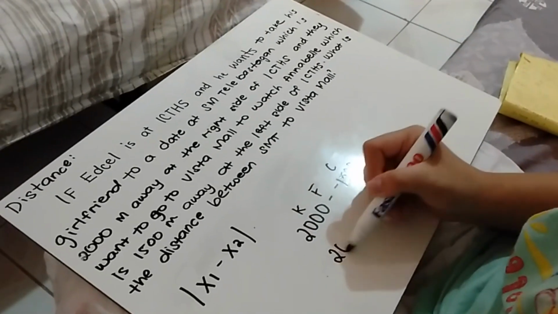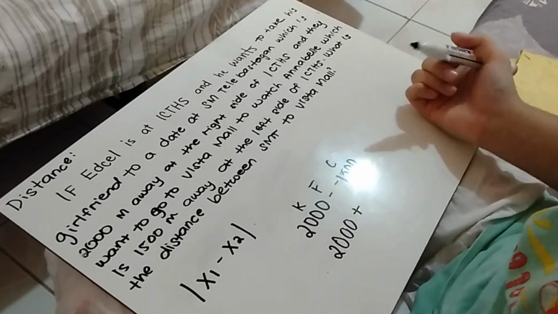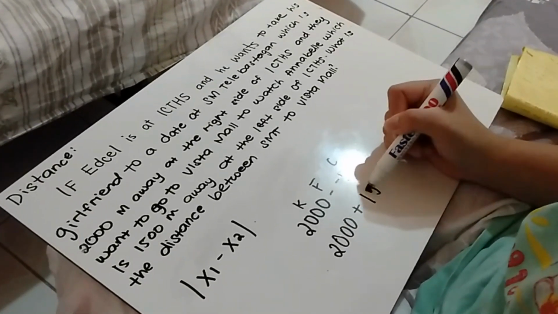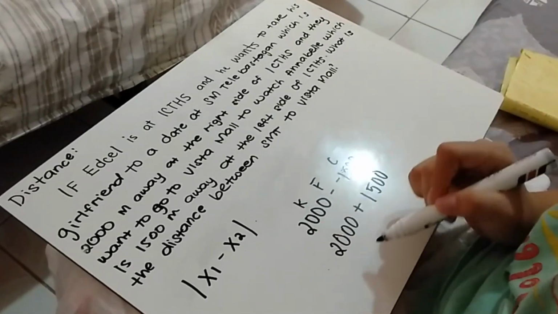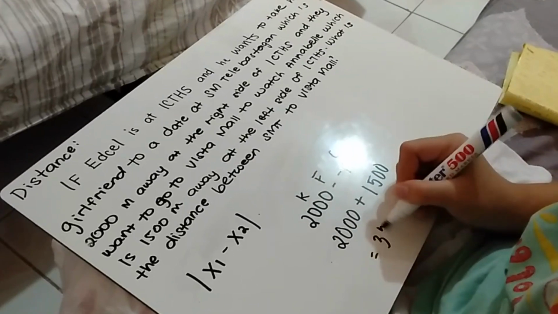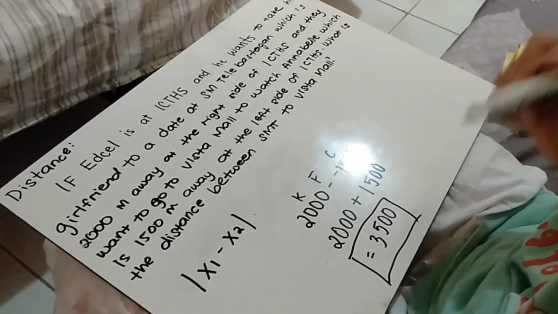You have to keep this, flip to plus, and change this to positive 1,500. The answer is 3,500.